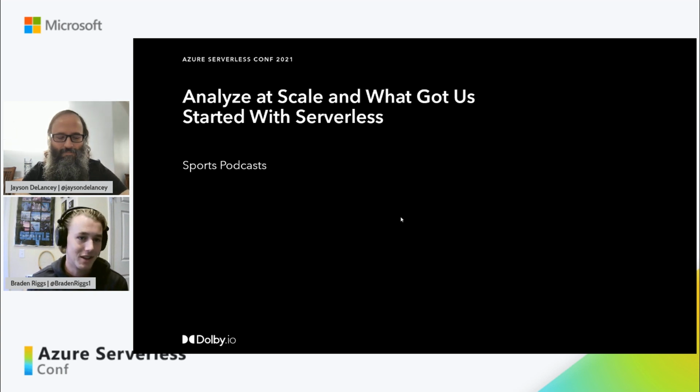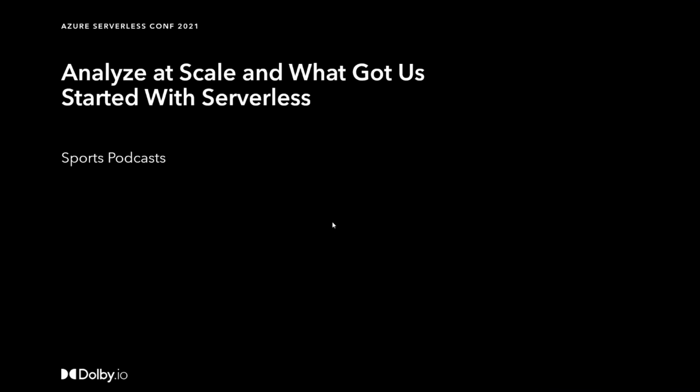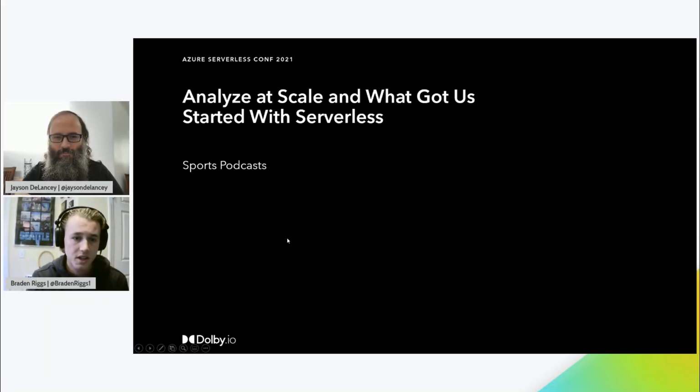As I mentioned, the Dolby.io team have been developing a series of media processing APIs, some of which can be used for data generation tasks, for things like speaker diarization, number of talkers, quality scoring by talker, and things like that. I've been working on this project where I take these large collections of sports podcast recordings, and I use these generation tools to create sets of data, which can generate insight into the macro trends relating to podcast creation.